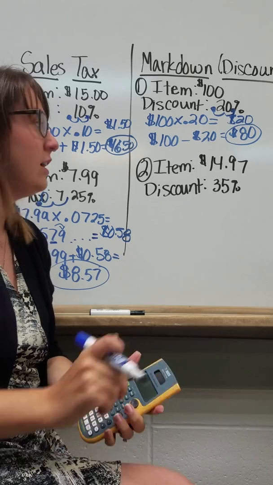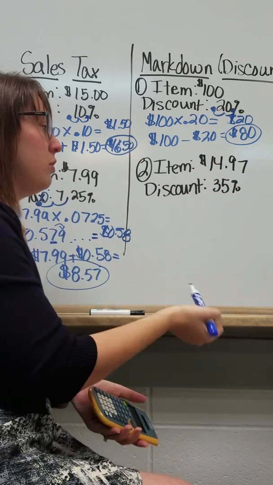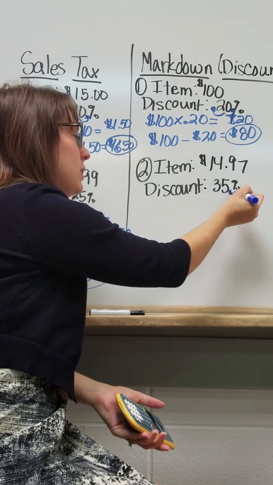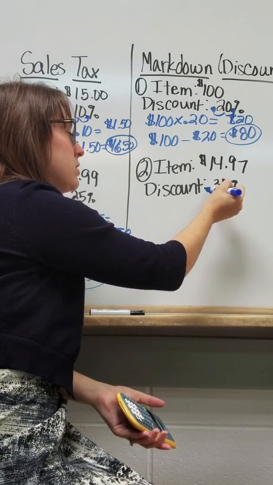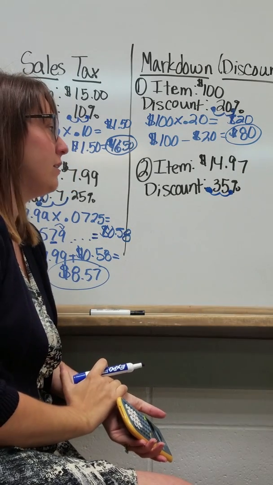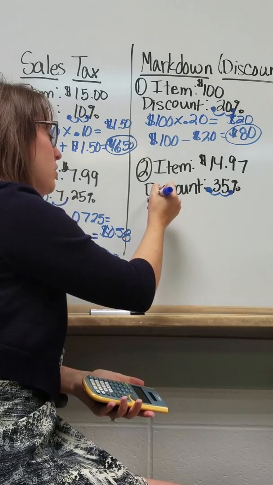All right, let's do one with not so nice numbers because you know that's probably what we're going to have today. All right, price and percent. Step 1, we're going to move our decimal 2 places to the left. 1, 2. So now I have 0.35. We're going to take price times percent.